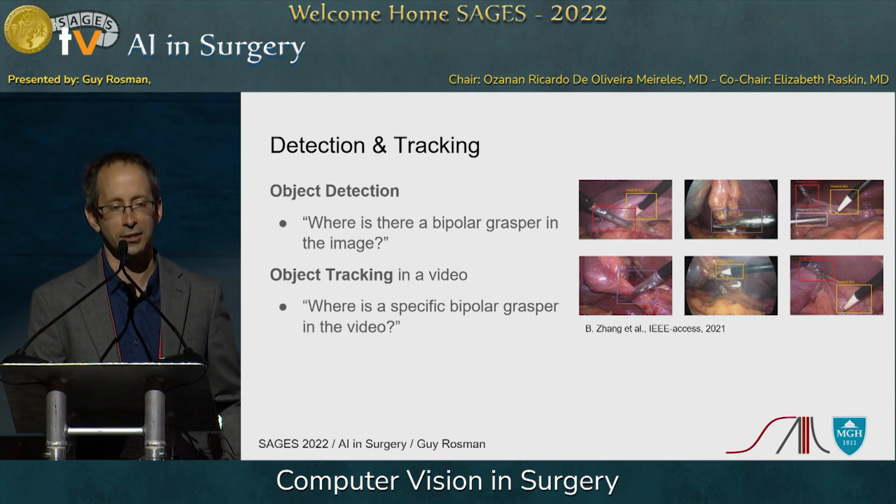Object detection is where we look at an image and we want to detect whether there is such an object in the image and where it is. Where is there a bipolar grasper in this image? Tracking takes it a notch further and locates a specific object throughout the video, which allows you to start reasoning about trajectories and motions and things that lead to, like people mentioned, performance analysis and so forth.